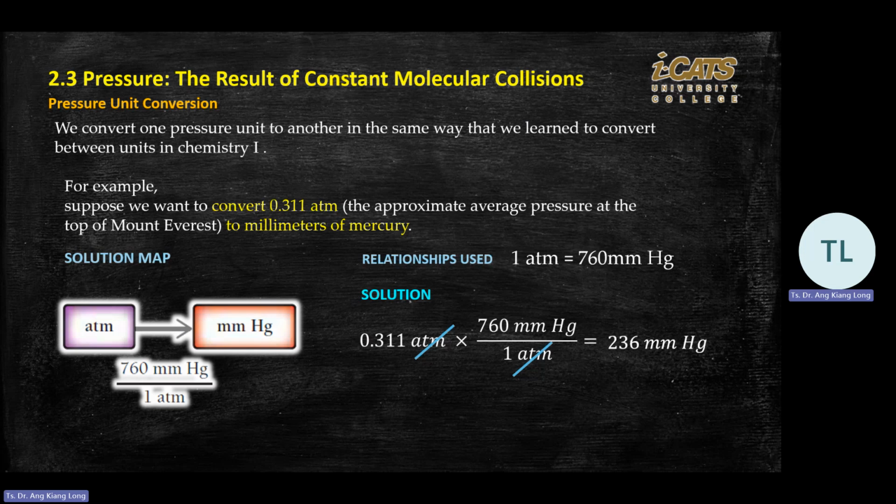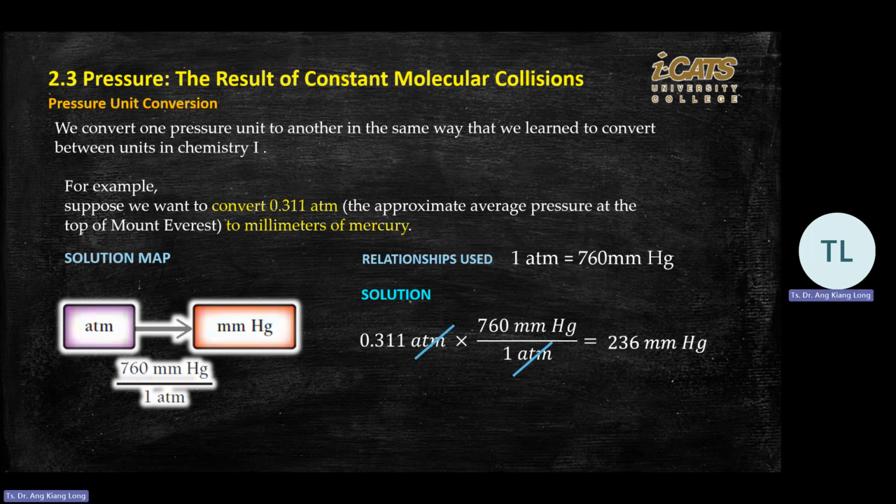In your answer sheet, we expect you to write the general equation, the relationship, first. Then you write 0.311 atm equal, then your working steps, then your answer.